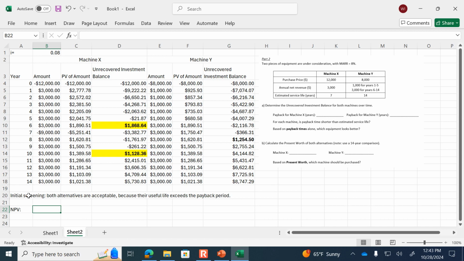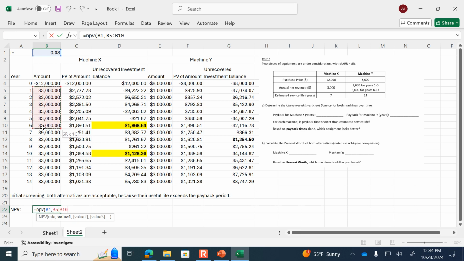So let's do NPV analysis here. So equals NPV, and we'll put in a reference to our 8% interest rate. And then the range of numbers are the amounts. They're not the PV of the amounts, because the PV of the amount has already been converted to present value.